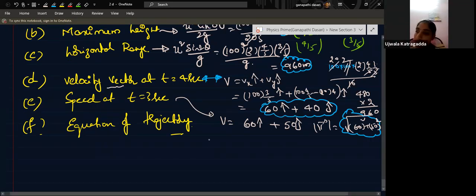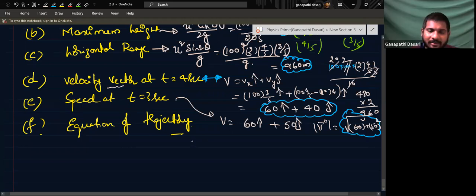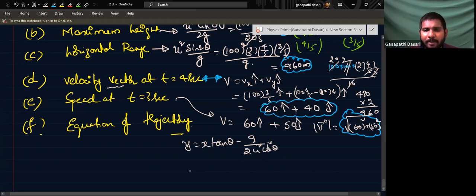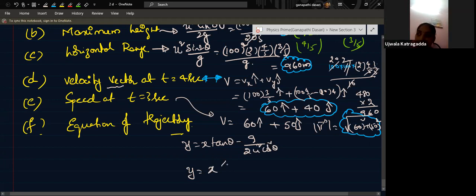Equation of trajectory is y is equal to ax plus bx square, where a and b are different. Y is equal to x tan theta minus g by 2 u square cos square theta, x square. Here if you apply this, y is equal to x into tan theta, that is sin theta by cos theta, which is 4 by 3.